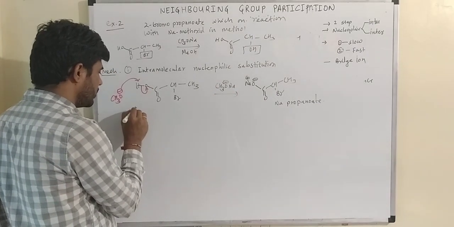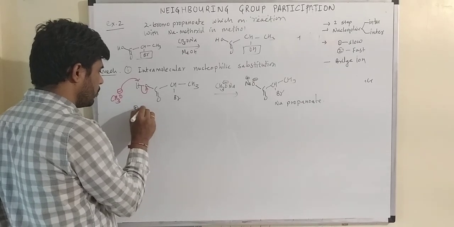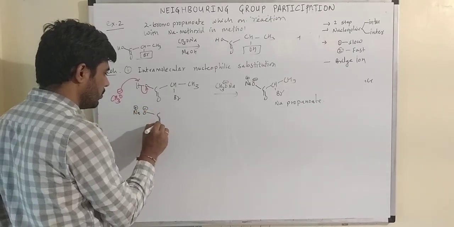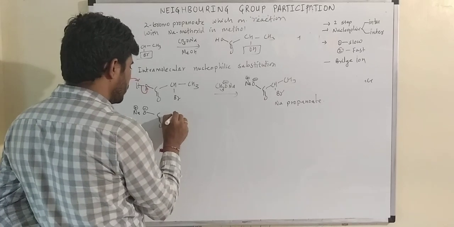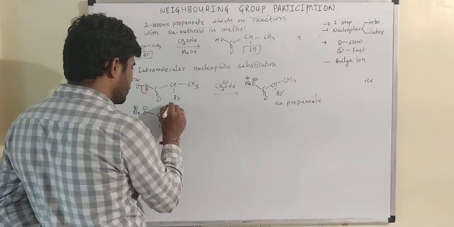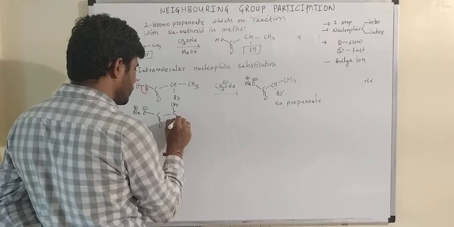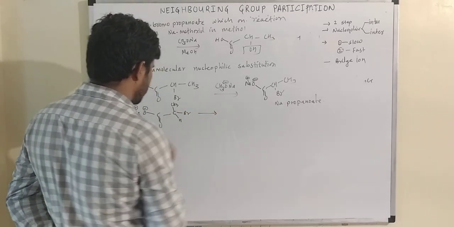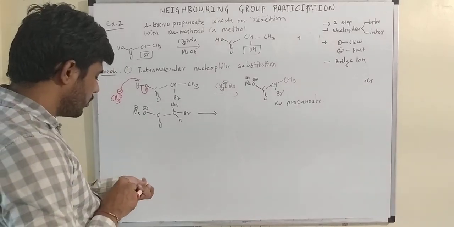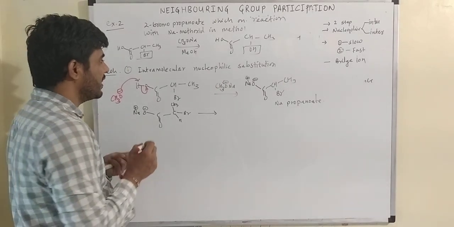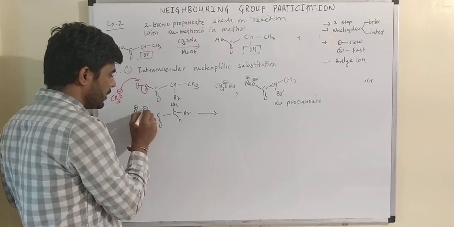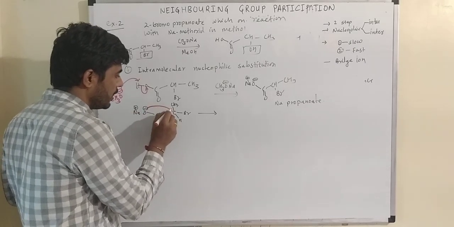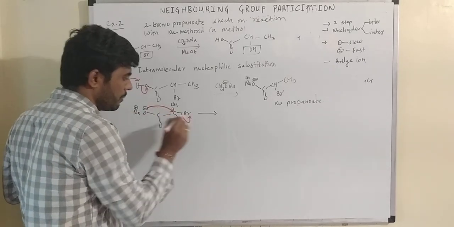This is Na plus, this is O minus, it gives this double bond O. Now I am going to write it like that, CH3, this is H and this is Br, for better understanding. So in the first step the internal nucleophile attacks, that is the carboxylate ion. This particular oxygen ion attacks here and this Br group departs.